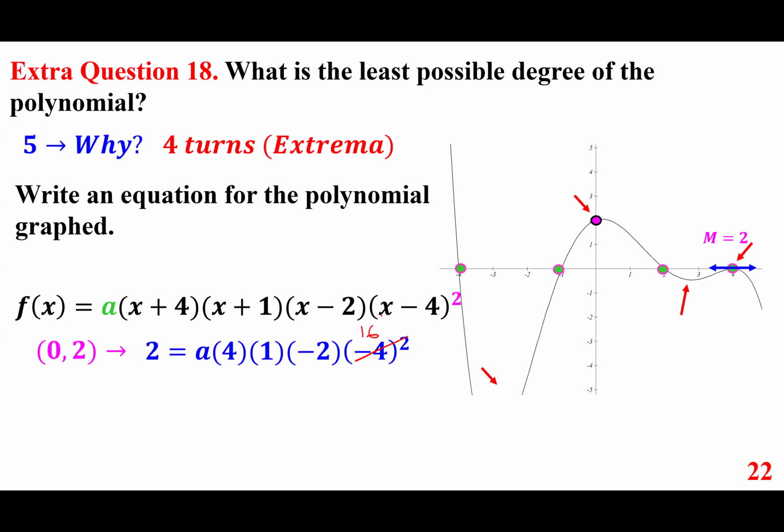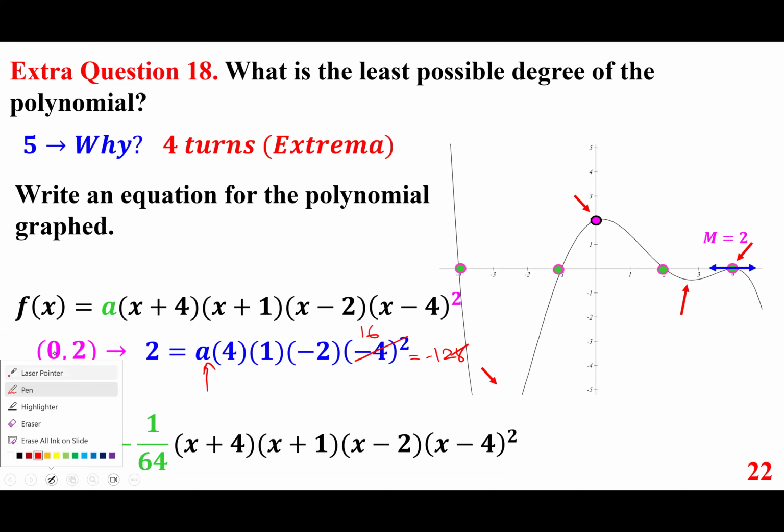So we have 16 times negative 2, negative 32 times 4, negative 128. Divide by 2 to get to a, and you get negative 1 over 64. And therefore, the final answer, f of x, is negative 1 over 64 times x plus 4 times x plus 1 times x minus 2 times x minus 4 squared. This is the final answer, everybody.